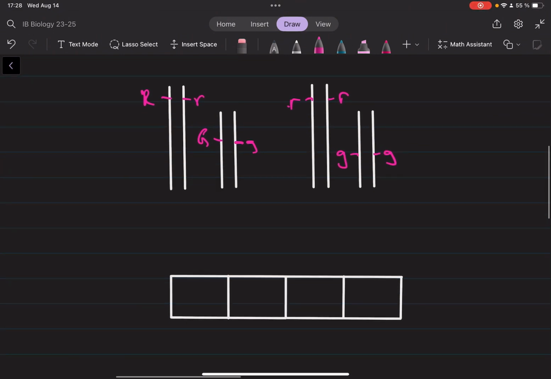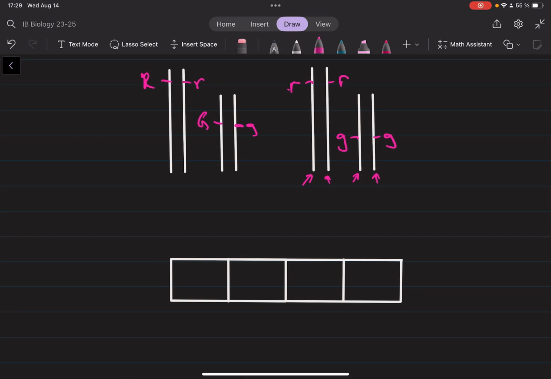Now, the reason that this time there's only one line, or a 4x1 grid, is that the offspring will only be able to inherit wrinkly and yellow from this parent. So there's no need to fill out a 4x4 grid because it can only inherit one combination from that parent. So it would only be wrinkly and yellow. For this parent, it would be the exact same as before.